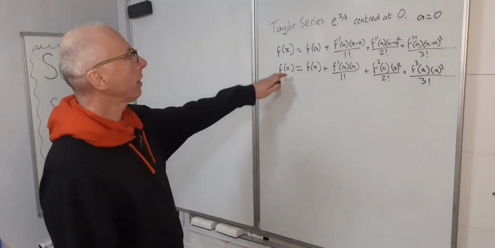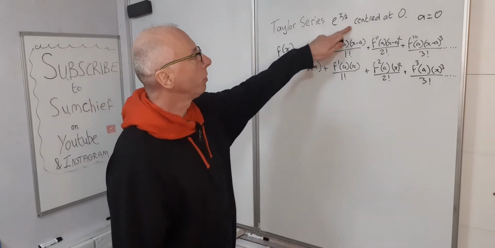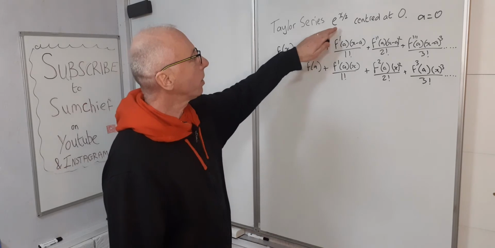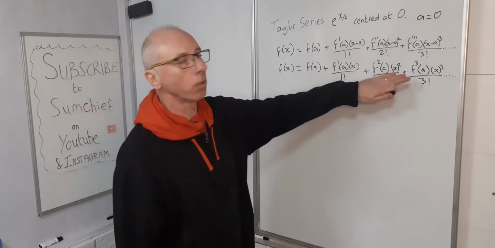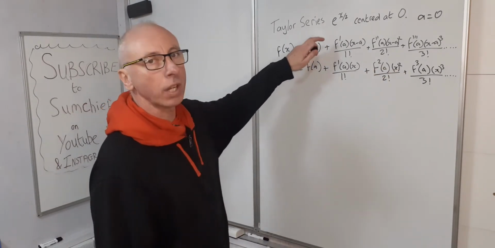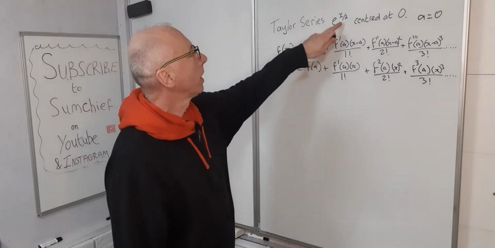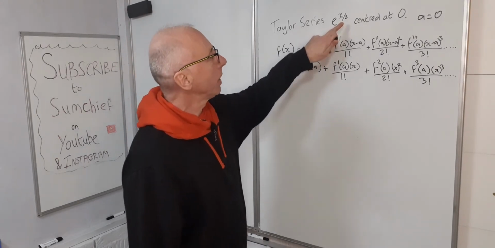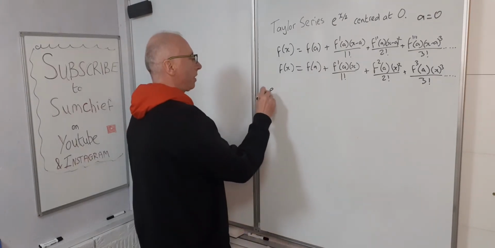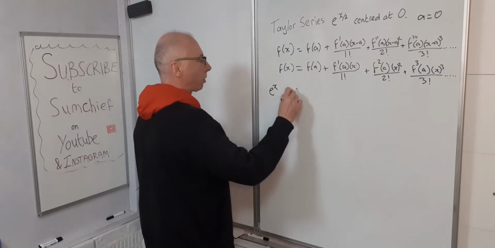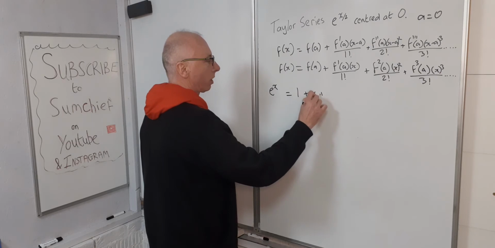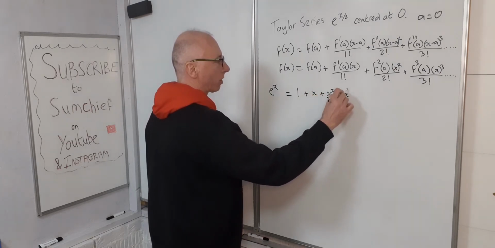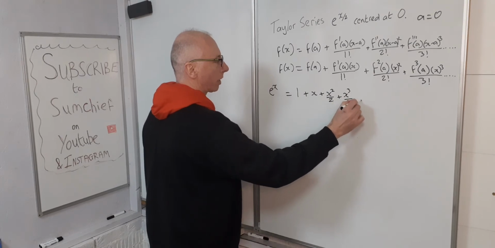Okay, now there is a shortcut to working out this Taylor series. Instead of taking derivatives of all this and plugging it all in and doing all those calculations, we can save a lot of time. So we know a standard Taylor series, very similar to this, and that's e to the x, which equals 1 plus x plus x squared over 2 plus x cubed over 3, and so on.